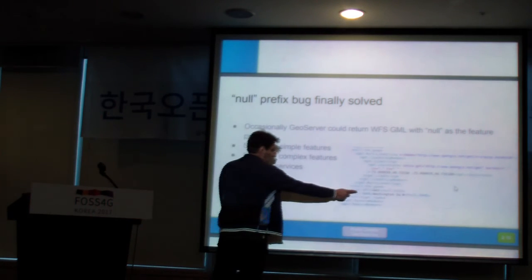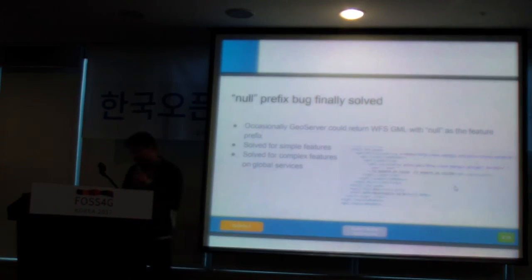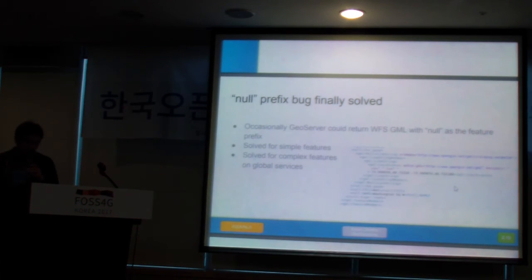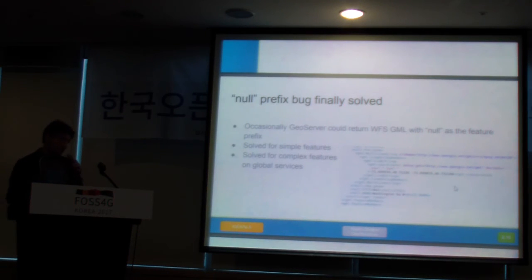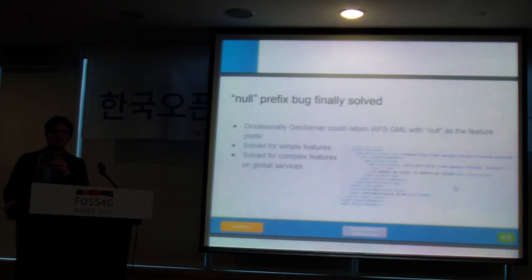Sometimes in the WFS output in the GML you got this null prefix which was breaking GML conformance, of course. And the only way to get out of it was to restart the server, which was very, very annoying, and it has been fixed. Anyone here has ever hit this issue? Null prefix in GML output? No? Okay, good.